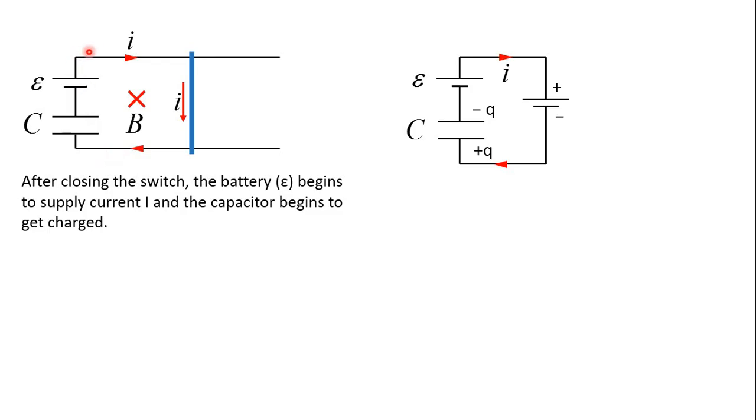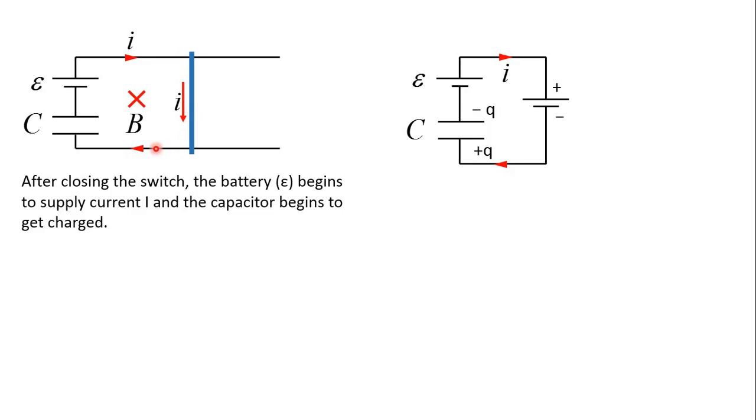What happens when you close the switch? After closing the switch, the battery of EMF E begins to supply current I and the capacitor begins to get charged. We know that a battery supplies current from its positive terminal. So from the positive terminal, current begins to go out and travel along this path, and this rod creates a closed circuit between the battery and the capacitor.